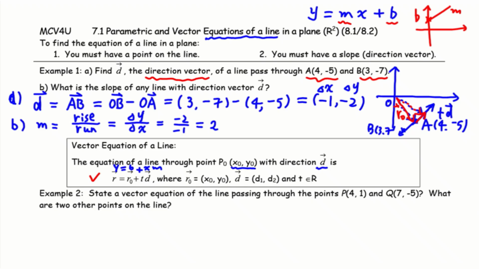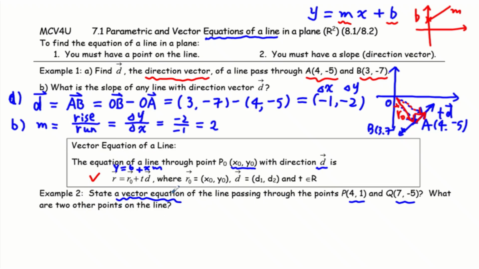So example 2. State the vector equation. So this is our first equation. You need to know the form of it. So it passes through 2 points. And what are 2 other points on the line?